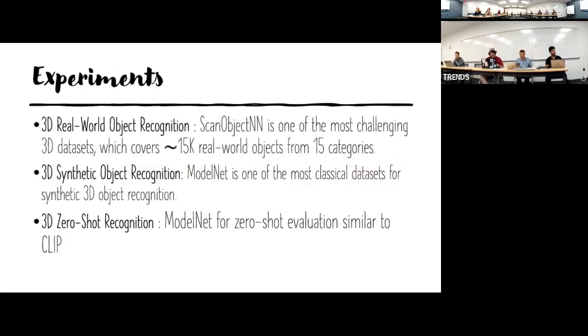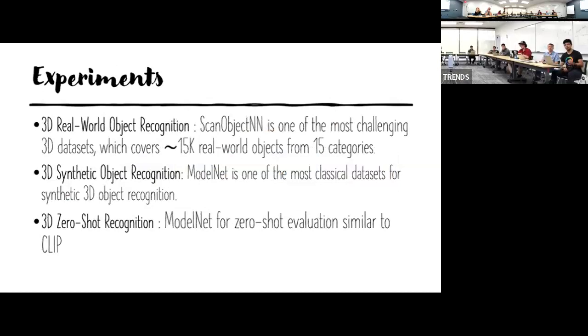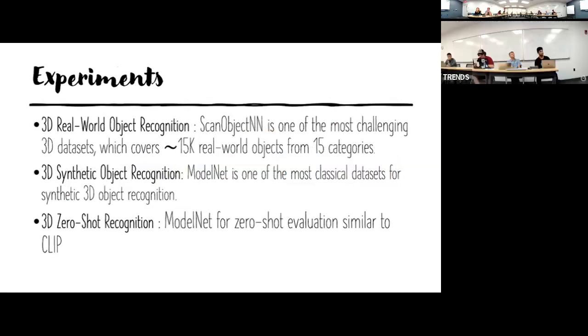So these are the downstream tasks after you train this model. First, they are doing 3D real world object recognition, for which they used the ScanObjectNN dataset. They mentioned that this is a very challenging 3D dataset, which I never worked with, so I'm not really sure.